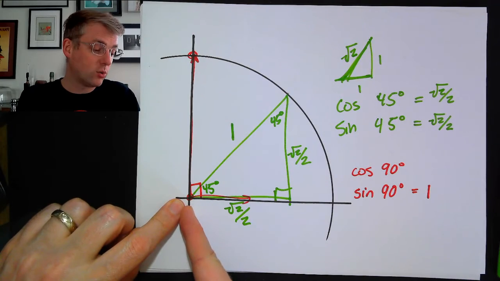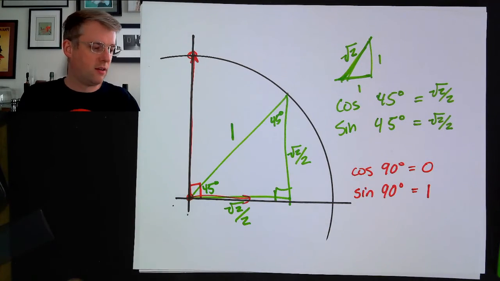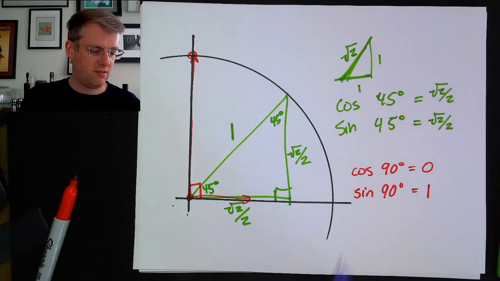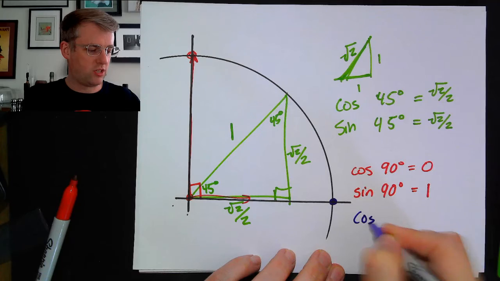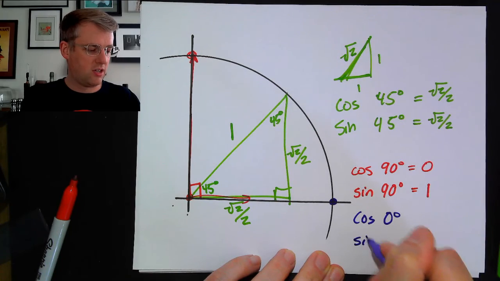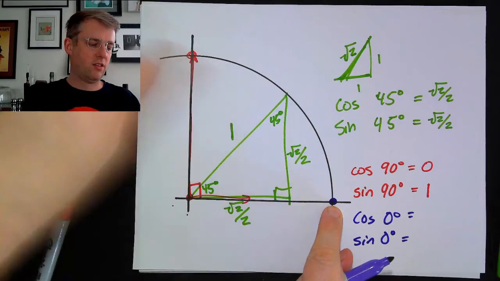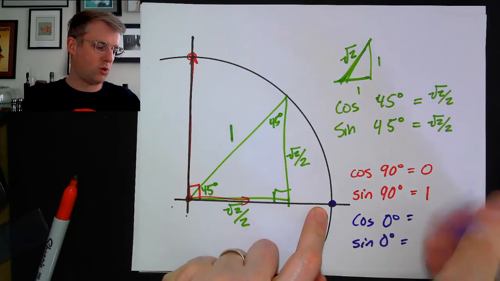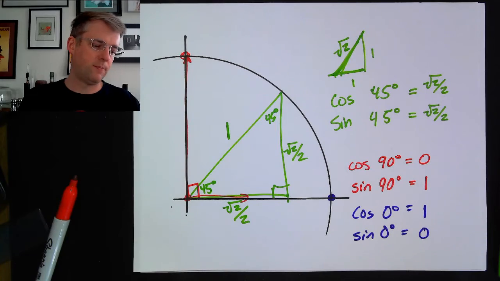What is its x coordinate? Well, that's 0. One more piece. If we talked about over here, we could even take the cosine of 0 degrees and the sine of 0 degrees. And those would be the reverse, because this is to the right one whole, and it is not up at all.